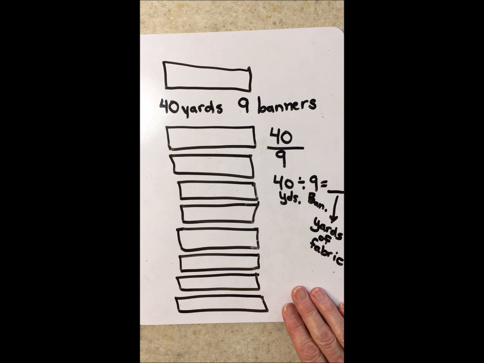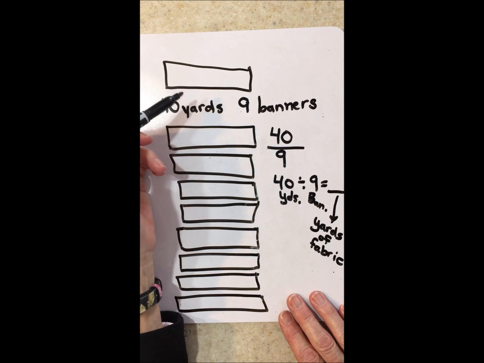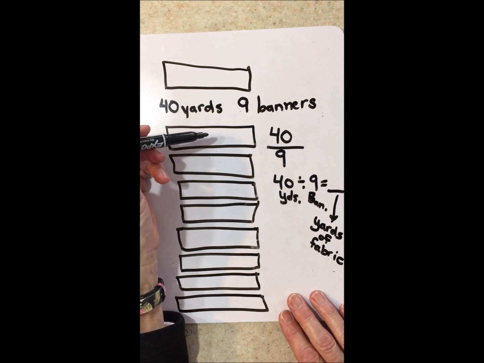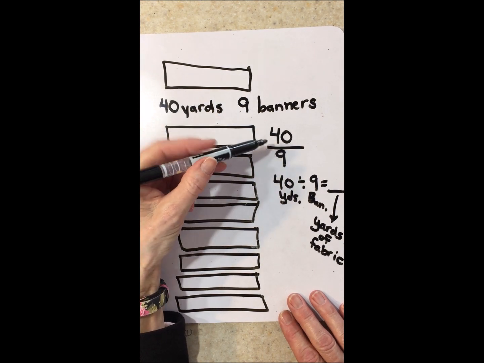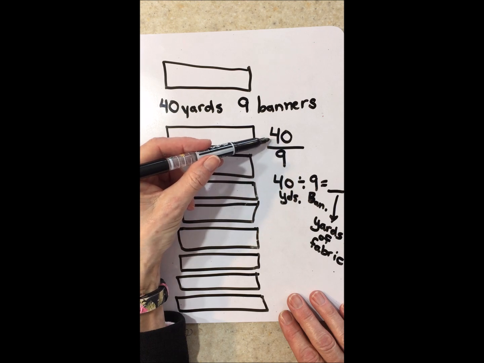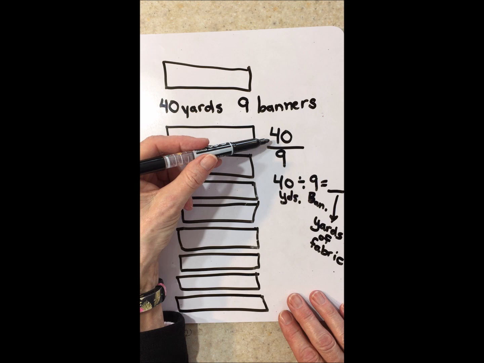So there are going to be at least 4. 9 times 4 makes 36, which is close to 40. There are going to be at least 4.